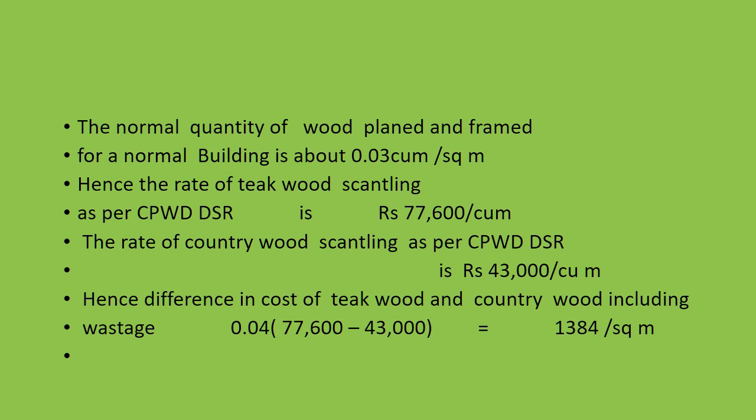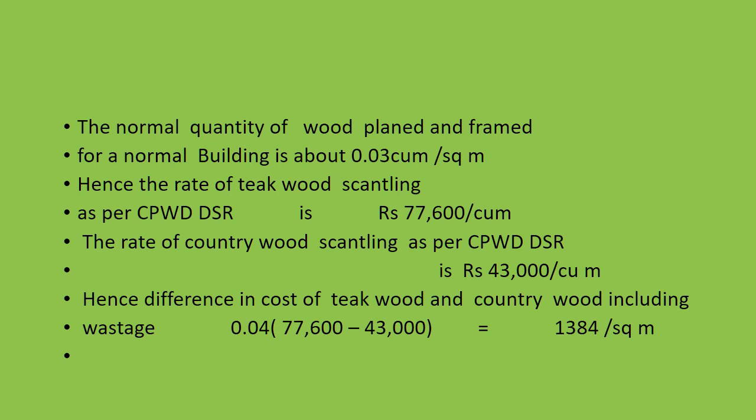Now regarding the wood for the doors and windows. As per the specification, it is second class teak wood. Here in this flat, it is completely country wood. So the difference in cost of teak wood and country wood has to be deducted.